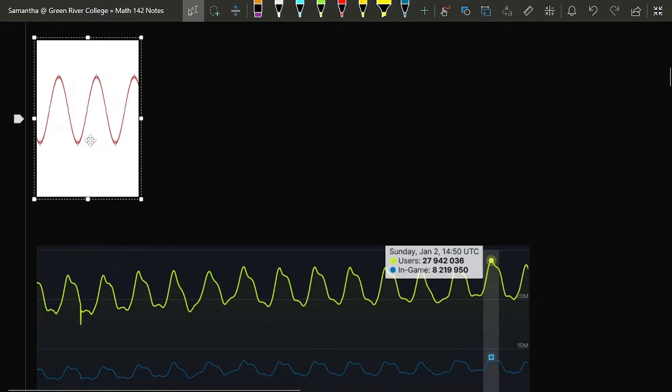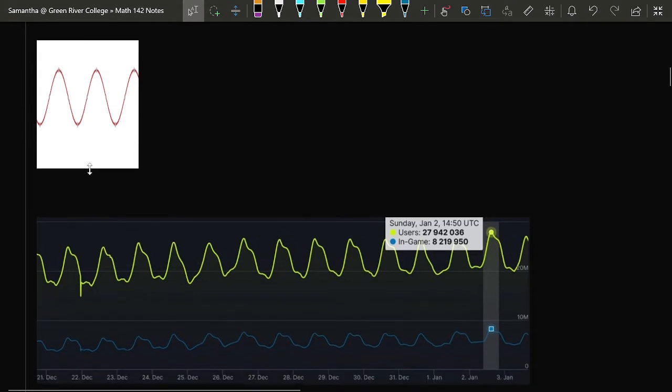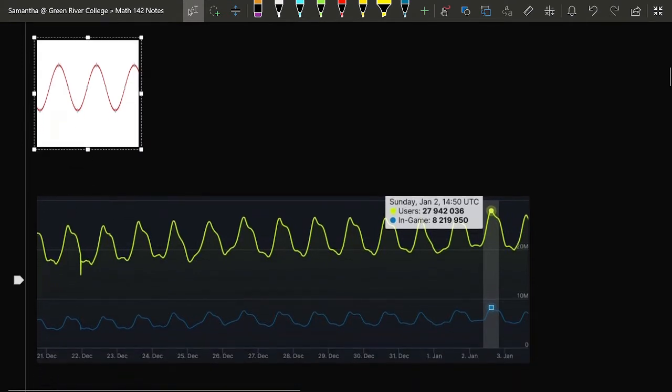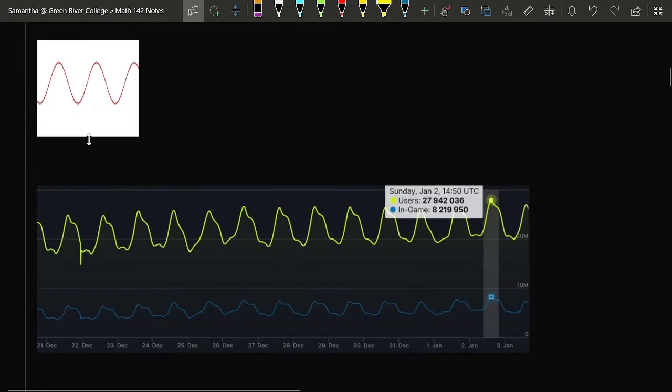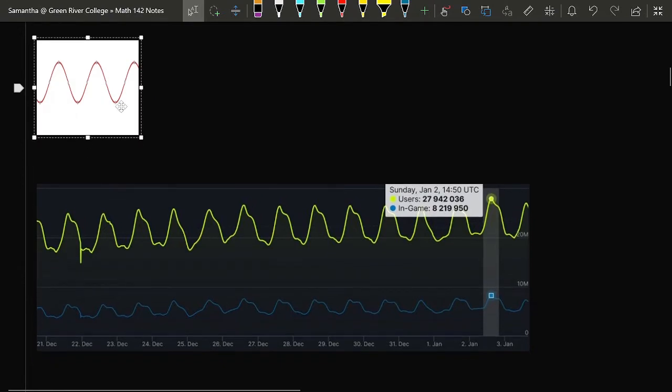I also think that compared to the yellow graph below, the difference in height between the peak, the max, and the min is too big in the default graph of sine, so I might have to vertically compress this to make it match up a little bit more closely, maybe a little bit more than that. And then I might have to horizontally shift this image to make it so that the peaks are occurring at, roughly speaking, the same time.